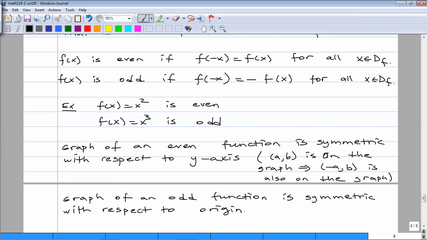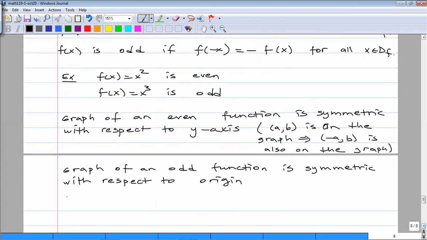So that means whenever the point (a, b) is on the graph, the point (minus a, minus b) is on the graph.